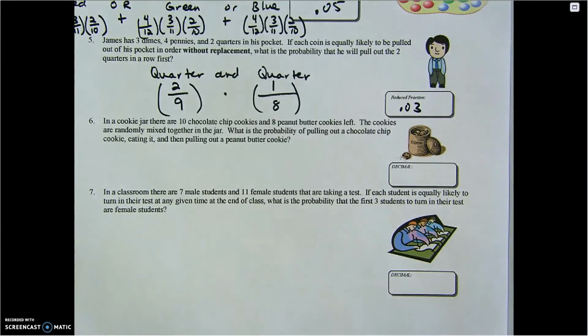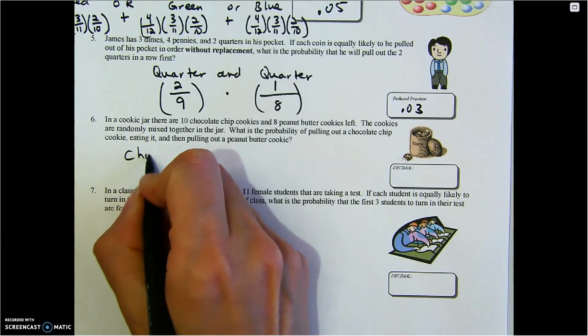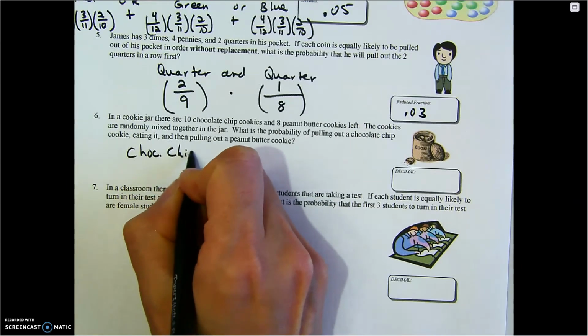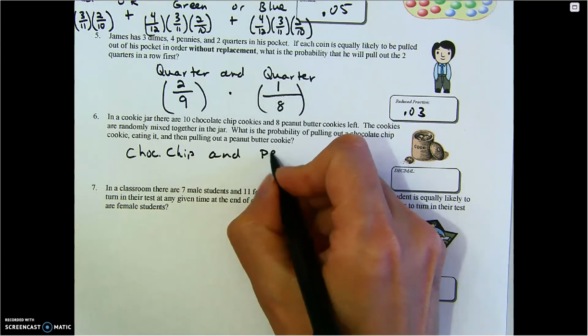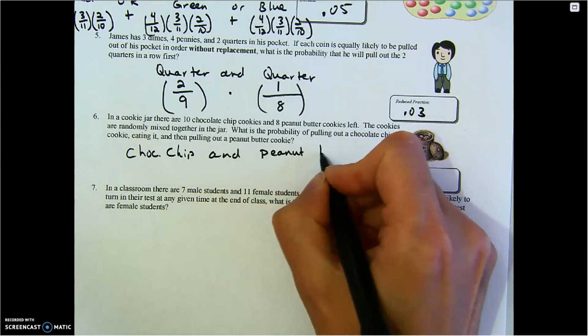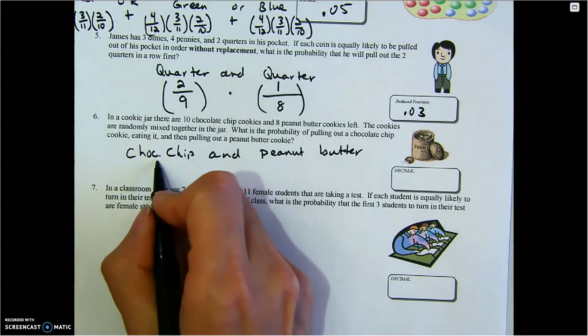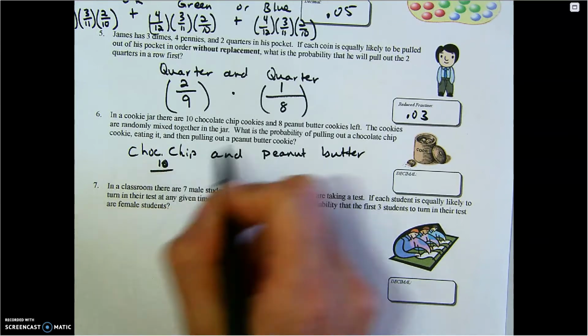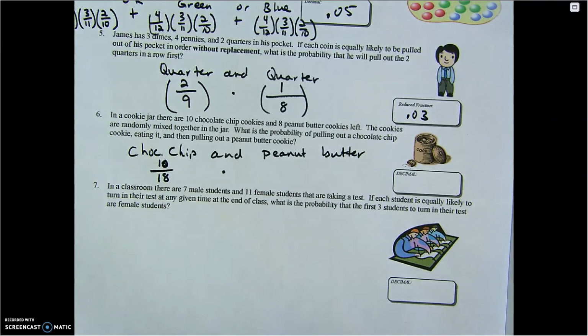Alrighty. A cookie jar. There are 10 chocolate chip cookies and 8 peanut butter cookies. The cookies are randomly mixed together in the jar. What's the probability of pulling out a chocolate chip cookie, you eat it, and then you pull out a peanut butter cookie? All right, so chocolate chip, there's 10 of them out of 18 total cookies. And means multiply, right?